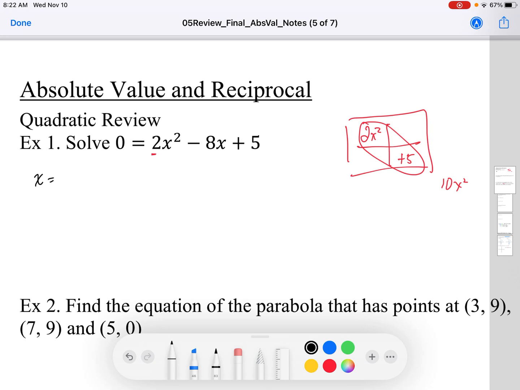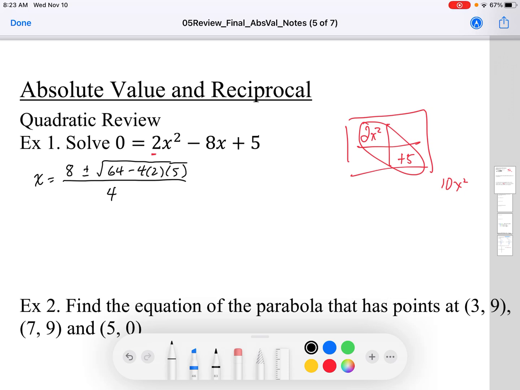So x is equal to negative of negative 8, so positive 8, plus minus the square root of negative 8 squared minus 4 times a times c. So there's the top, and then the denominator is going to be 2 times 2.